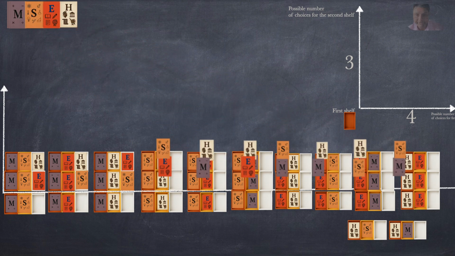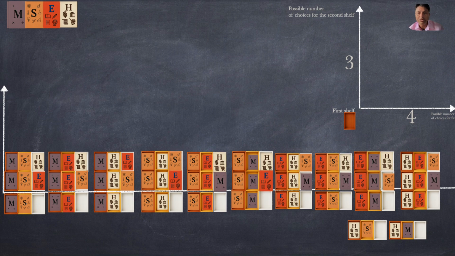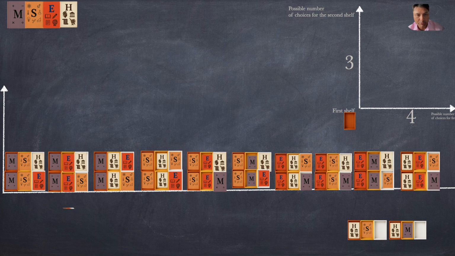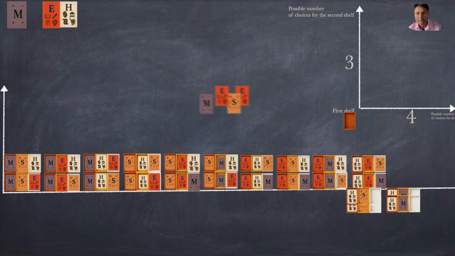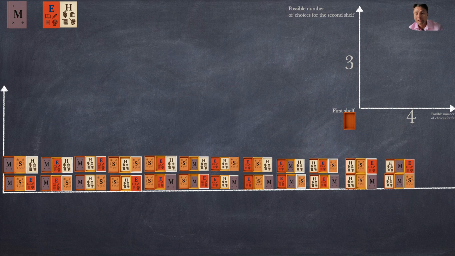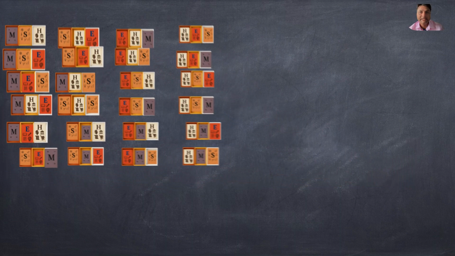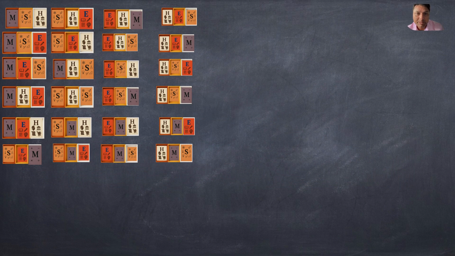And we will fill all the remaining possible shelves accordingly. And we remove the bottom part. And similarly, we will fill all of the possible arrangements. And in this way we have discovered all possible arrangements.